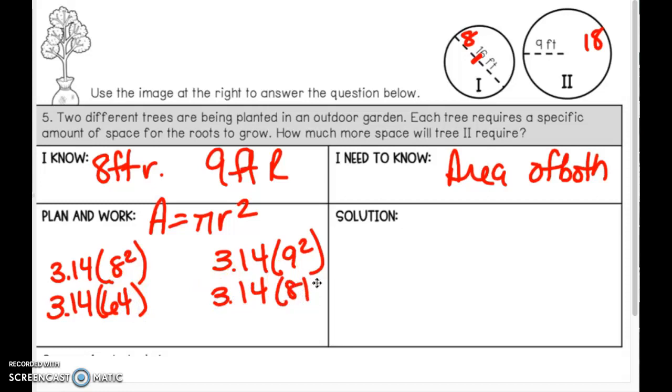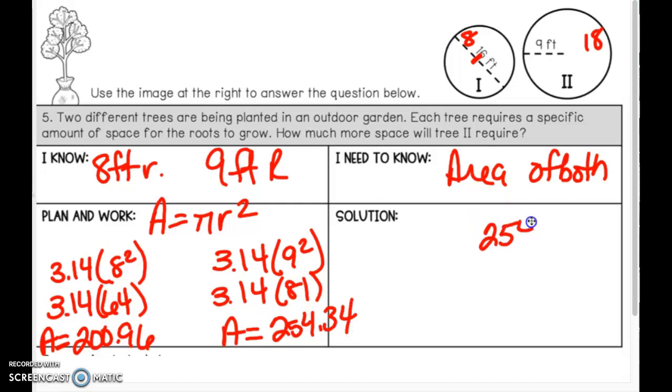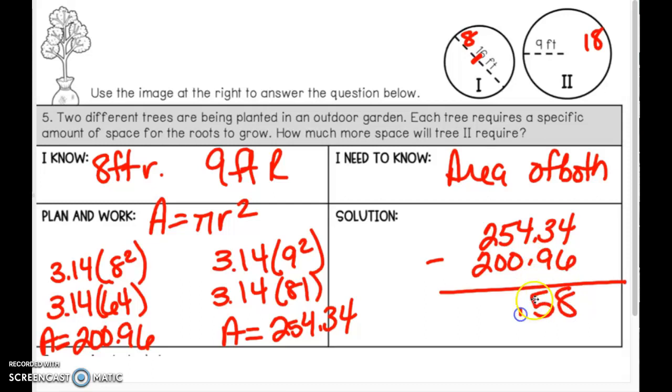And our two amounts are, the area for this one is 200.96, and I'm just multiplying here, 254.34. And 254.34 minus 200.96. If we subtract them, we will get 53.58 feet squared.